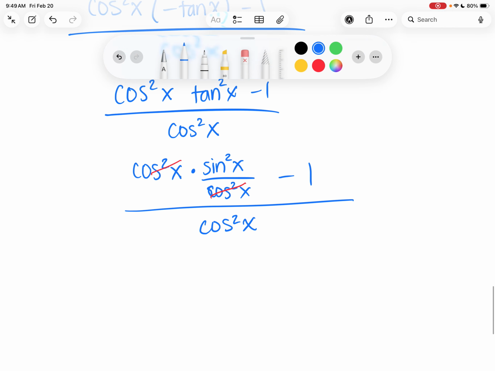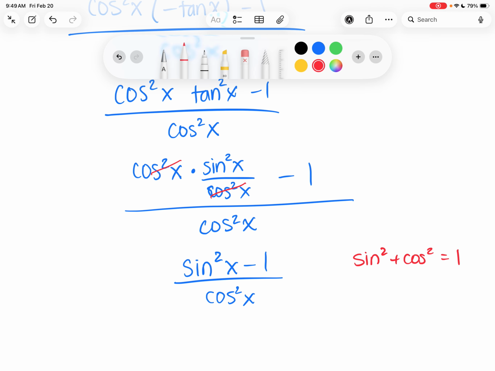So now I have sine squared x minus 1 over cosine squared x. Well, do I have a sine squared x minus 1 in my identities? Not directly, but I do know that sine squared plus cosine squared is equal to 1. So if I subtract cosine squared over here, I get sine squared minus 1 equal to negative cosine squared.